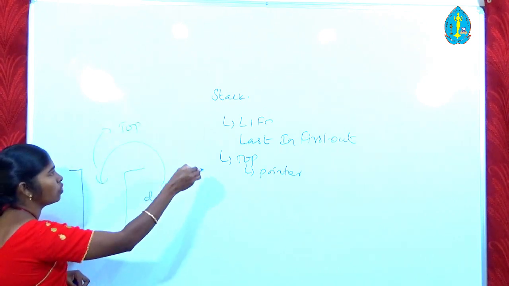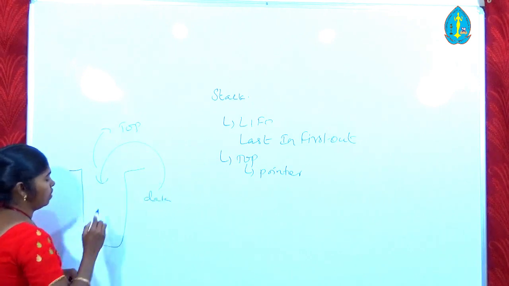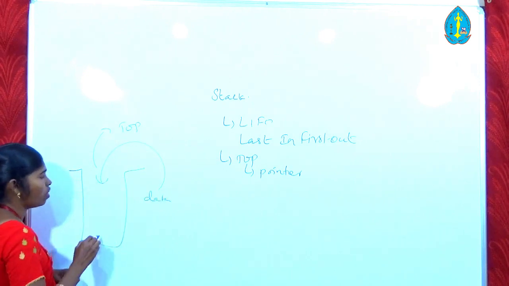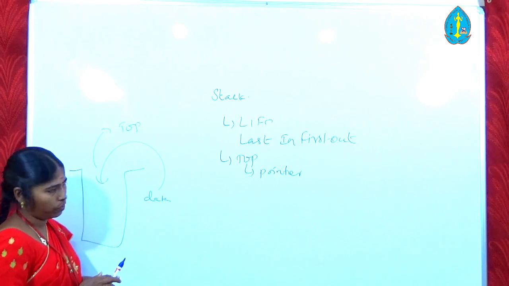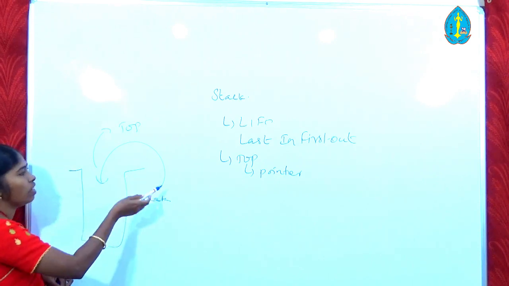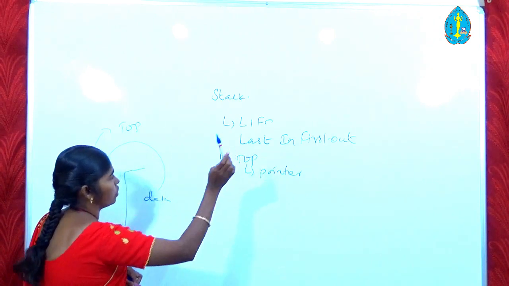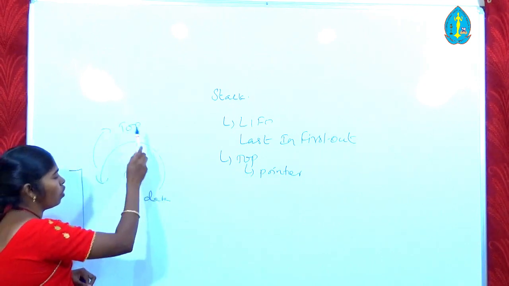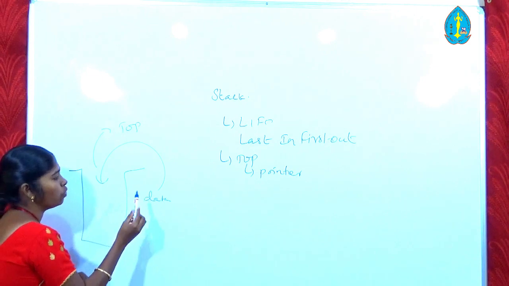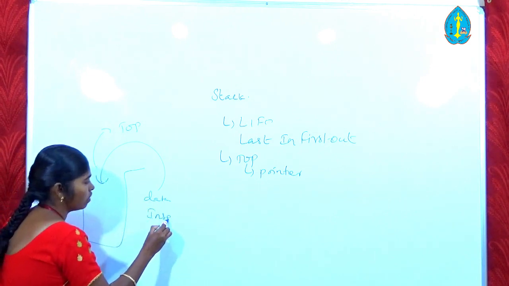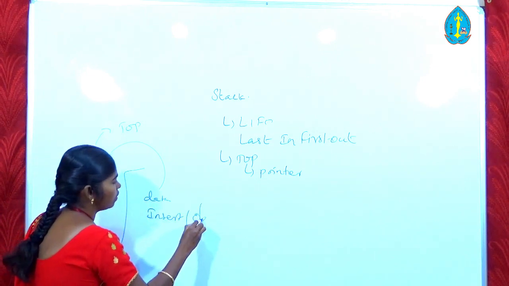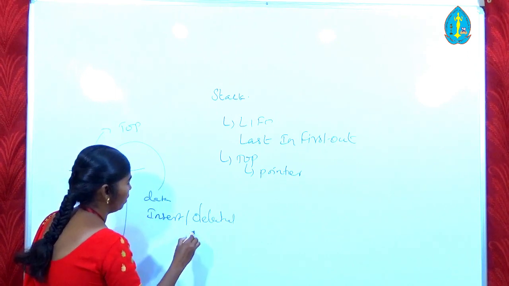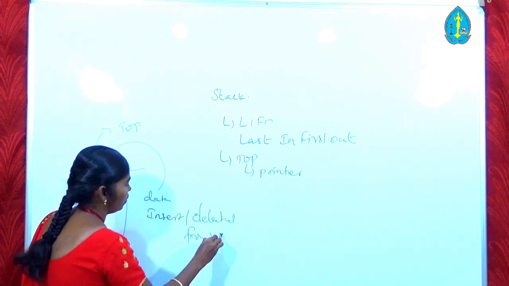So just imagine what a stack is. A stack is a linear, homogeneous collection of items, and it processes elements in last in first out order. One of the pointers is called the top pointer. The top pointer is used to insert data into, or delete data from, that stack. Okay friends?